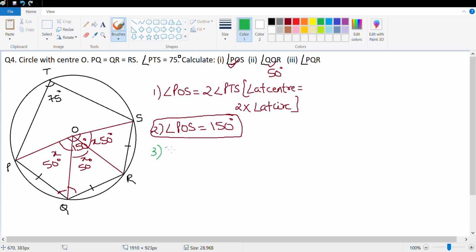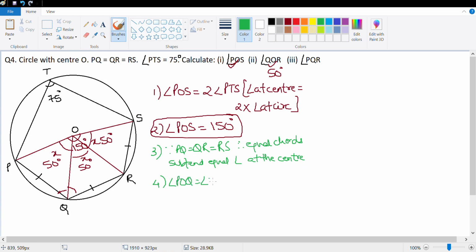Number 3, since PQ is equal to QR is equal to RS, therefore equal chords subtend equal angle at the center. What it means is angle POQ is equal to angle QOR is equal to angle ROS is equal to x.